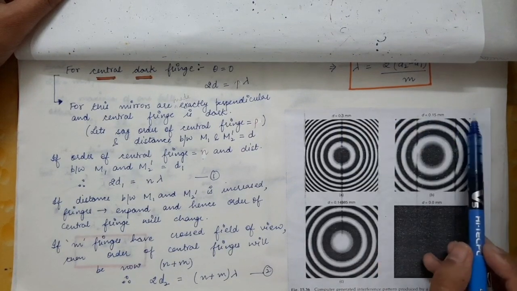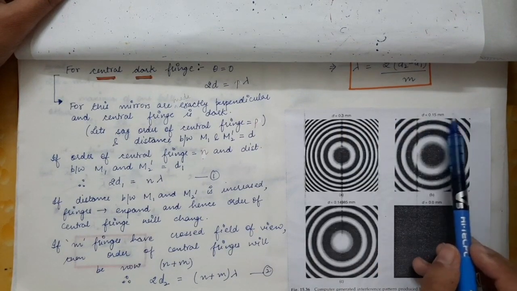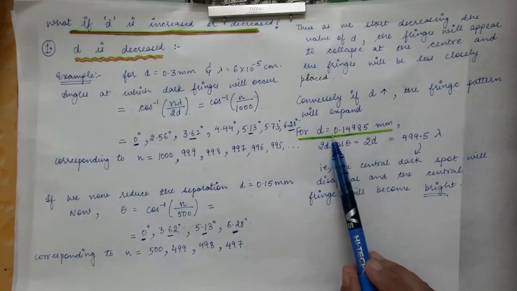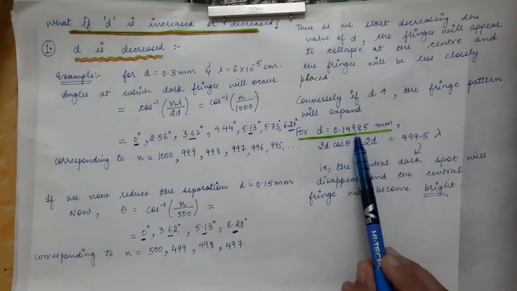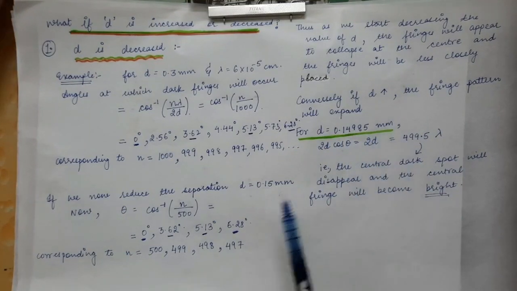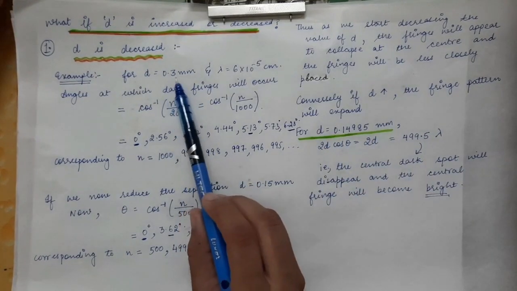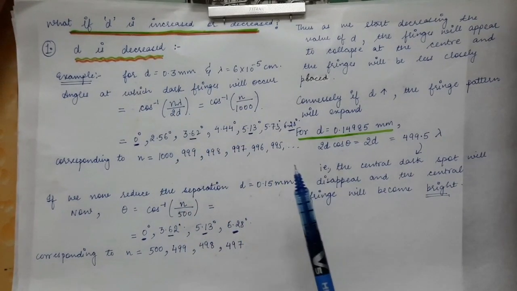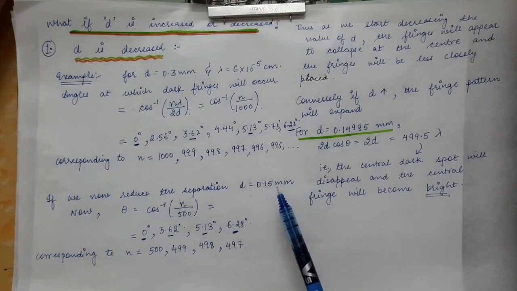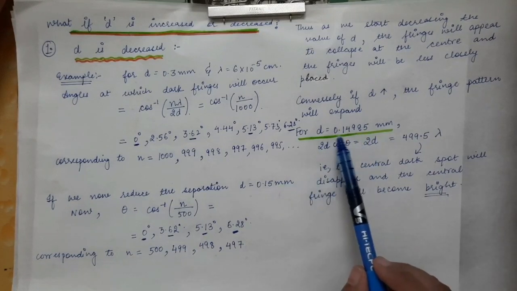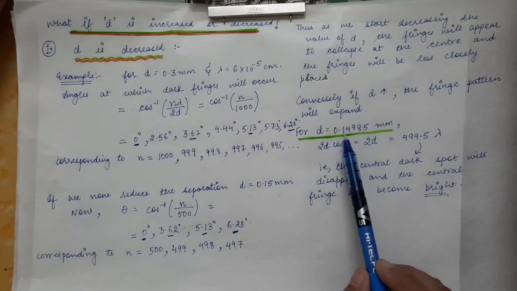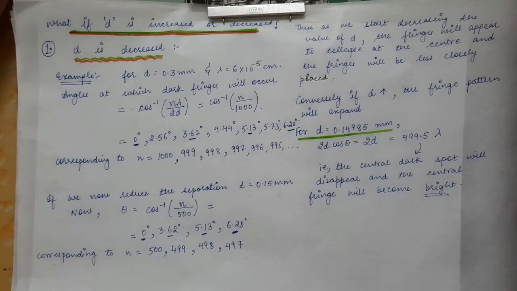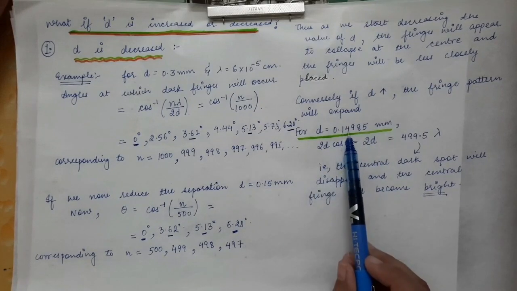Now you again decrease the distance between the mirrors by a very small amount. So let's say you make the distance equal to 0.14985 millimeter.